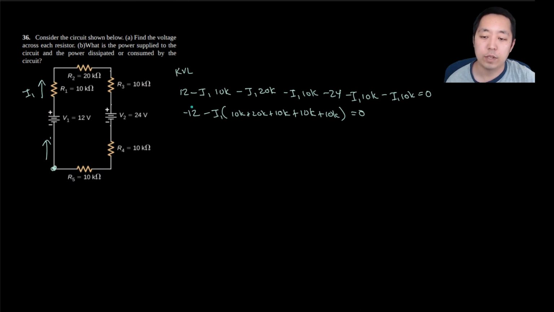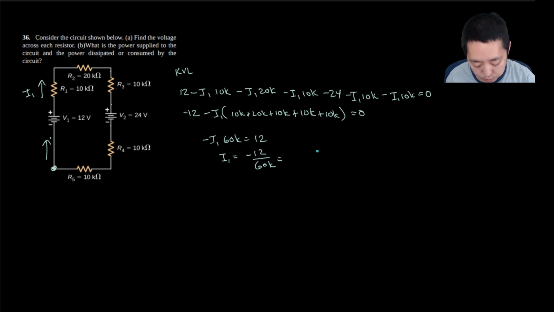I move the 12 to the other side, so I get negative I1 times 60k is equal to positive 12, and so I1 is equal to negative 12 over 60k.